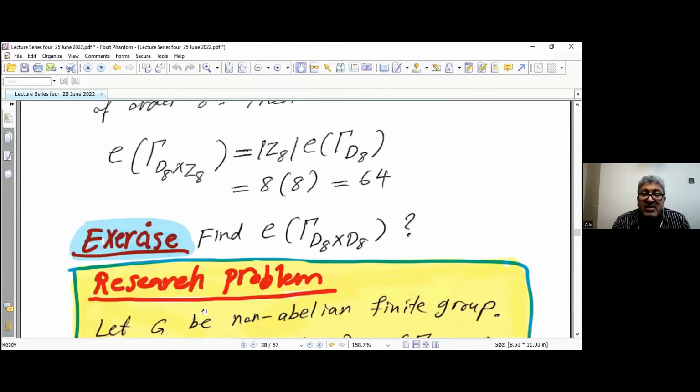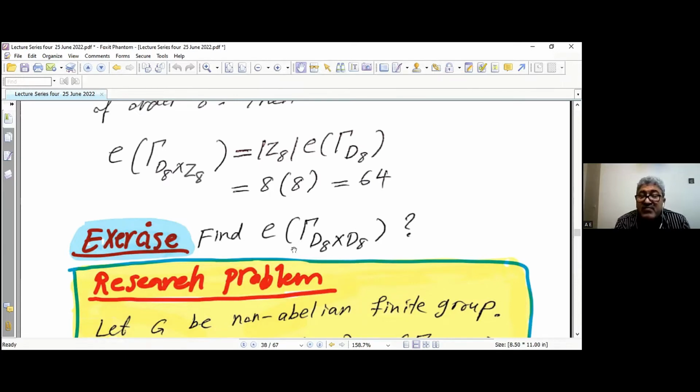Now here is an exercise to see what the energy is for the non-commuting graph of the direct product of two copies of the dihedral group of order 8.